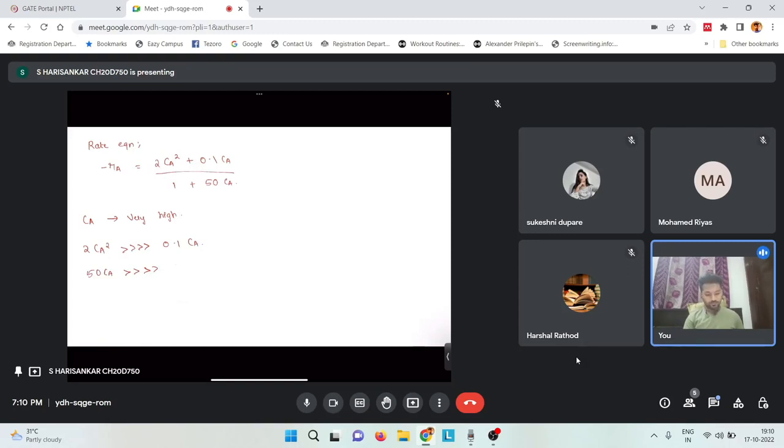So what we can do is cancel out these low value terms from the rate equation. So we can cancel out this term 1 and this term 0.1 Ca from our rate equation, and we can rewrite our rate equation approximately as minus Ra approximately equal to 2 Ca square by 50 Ca. So this will be an approximation for our rate equation when concentration of Ca is very high.